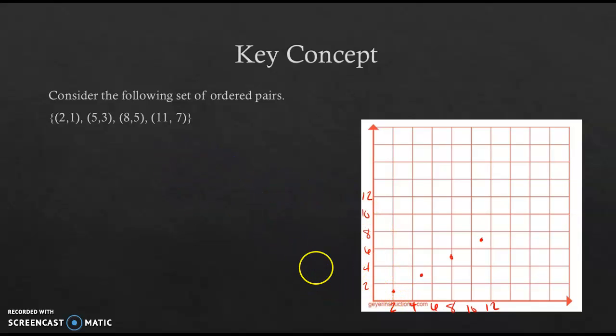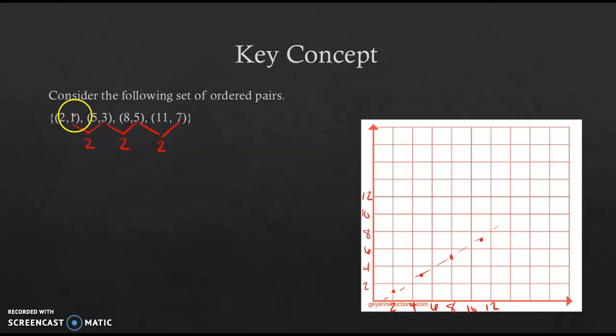And so what we're looking for in a linear pair is for those points to form a line. And so how we can tell is we can find the slope, so the difference between the y's, right? So 3 minus 1 is 2, 5 minus 3 is 2, 7 minus 5 is 2, right?